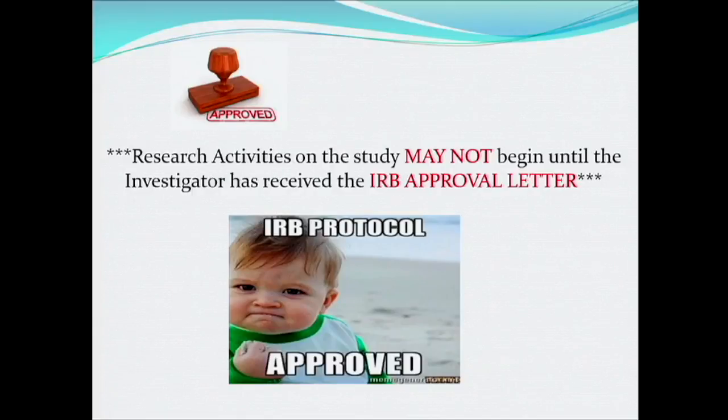Maybe we couldn't approve it the way that it was submitted. And if you've already started to work on that, well, you didn't have IRB approval. Maybe certain criteria needed to change in order to be approved by the board. So you want to make sure that you're waiting to get that letter. And if you get a stipulation letter for additional changes to be made, make sure you're addressing each of those stipulations as you go through the response back to the IRB. Okay.